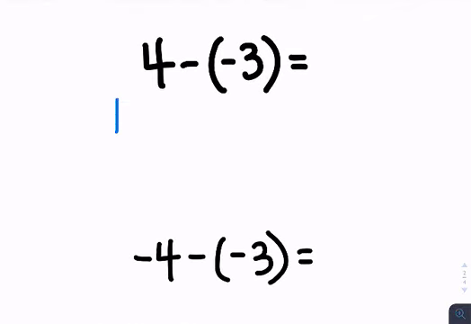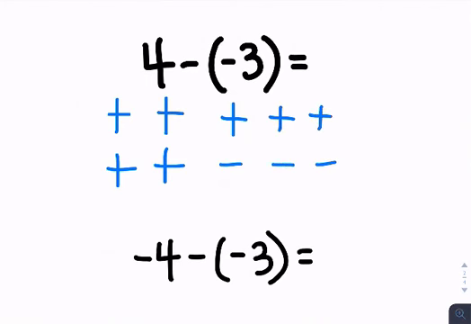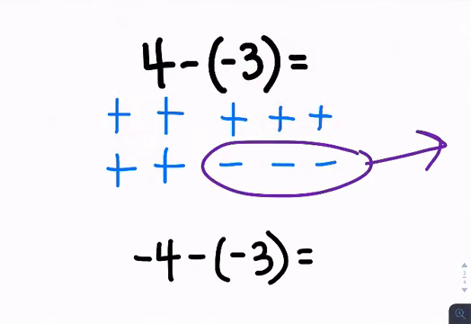This next one, I'm starting with 4 positives, and it says to take away 3 negatives. But I don't have 3 negatives to take away. So I have to add 0 pairs until I have those 3 negatives to take away. Now I have 3 negatives, so now I can circle those and get rid of them, and I'm left with 7 positives.